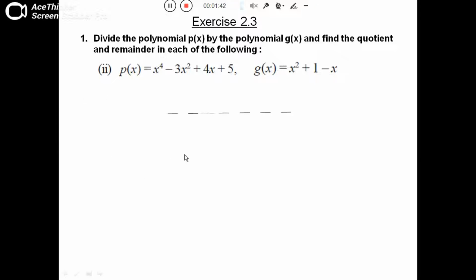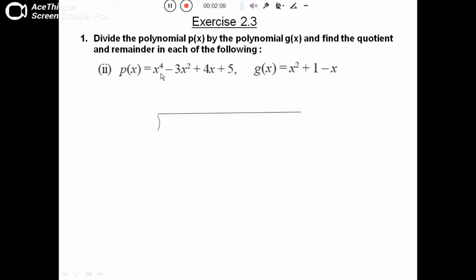Careful means we have to take care to write down the dividend. This p(x) is the dividend that you are going to divide, and this g(x) is the divisor from which you are going to divide. In order to write down this value of p(x), the dividend, just see, your dividend is x raised 4 minus 3x square.